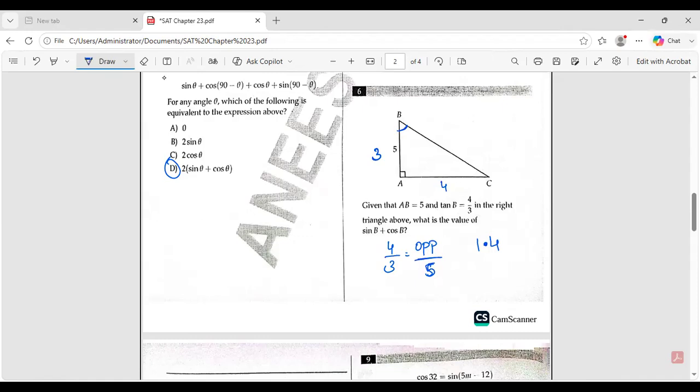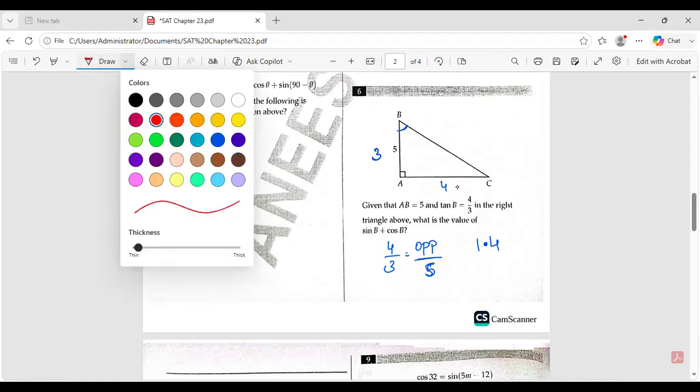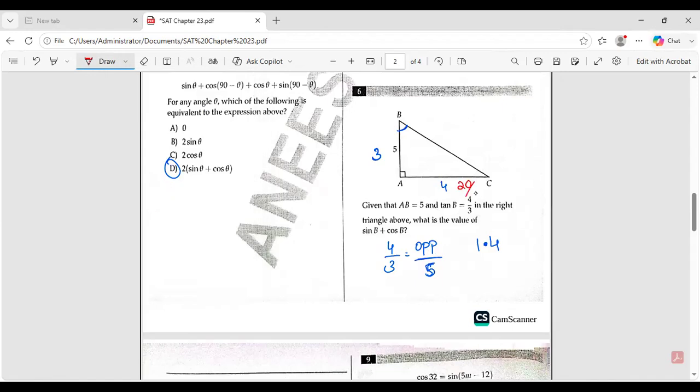So the opposite is 20 upon 3, and this is 5. Now you can use the calculator to find the hypotenuse. Whatever your hypotenuse is, once you figure it out, you can calculate the separate values of sin v plus cos v, and then you will find your answer.